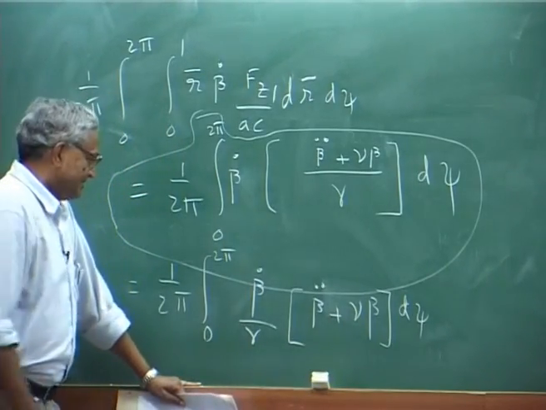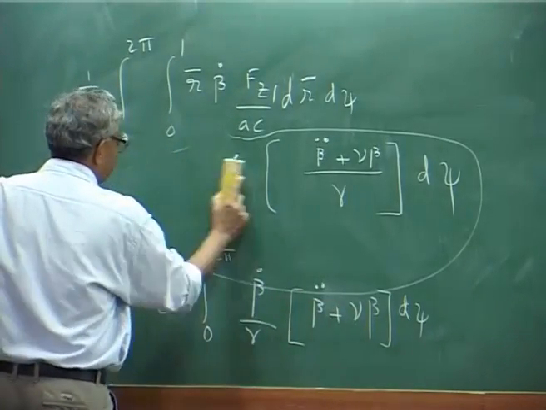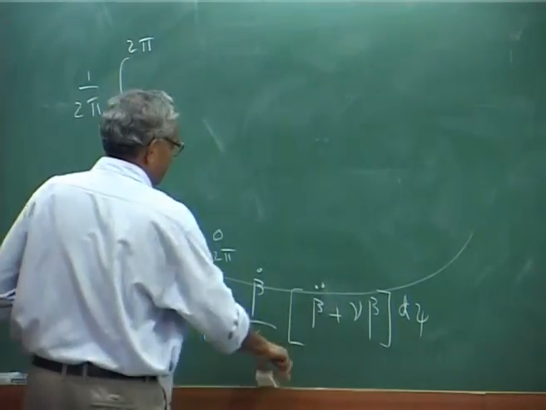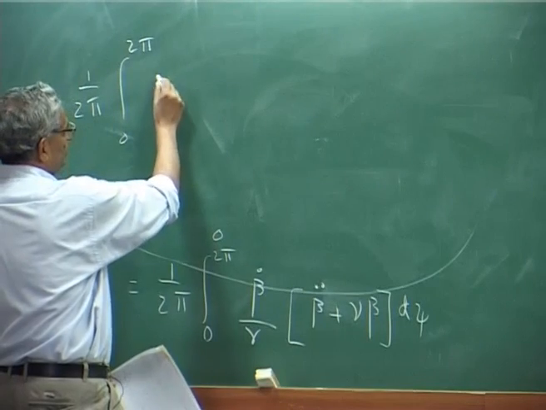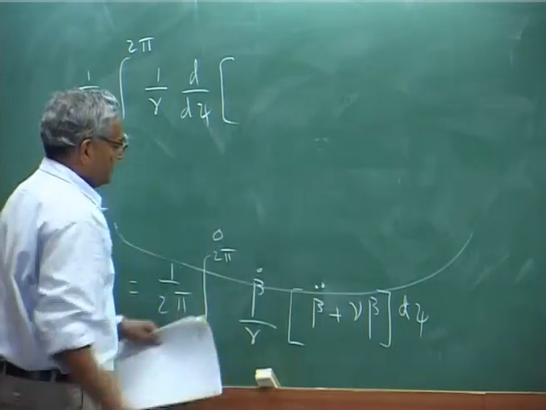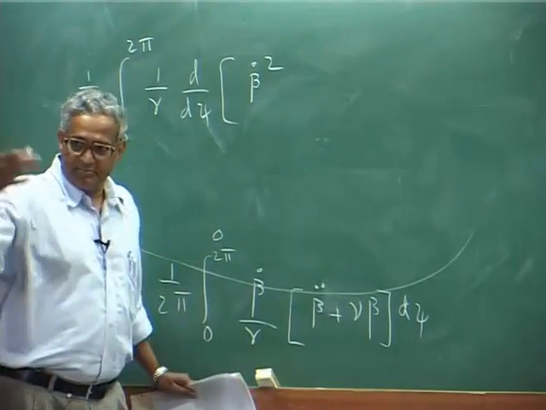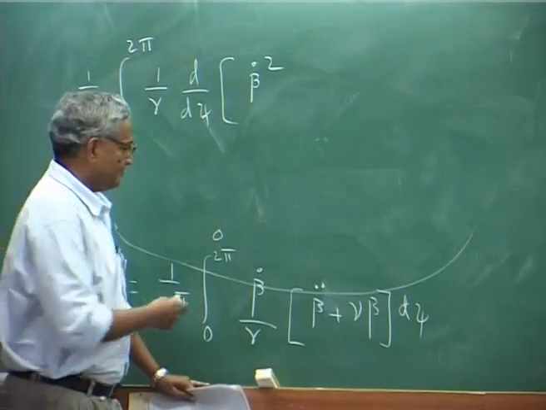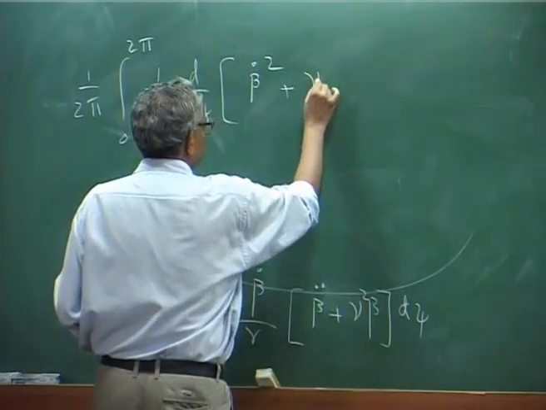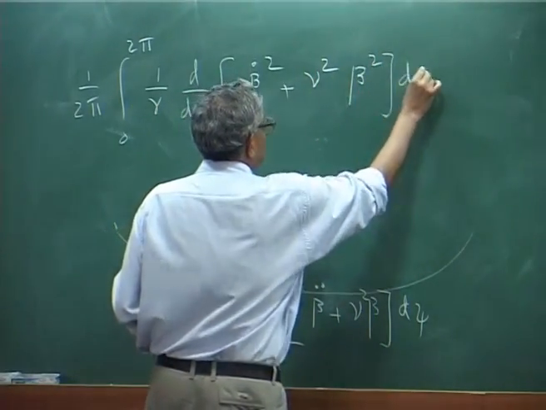This particular term can be written as d by d psi, because dot is nothing but d by d psi, the non-dimensional time derivative. This will be plus nu square beta square d psi.